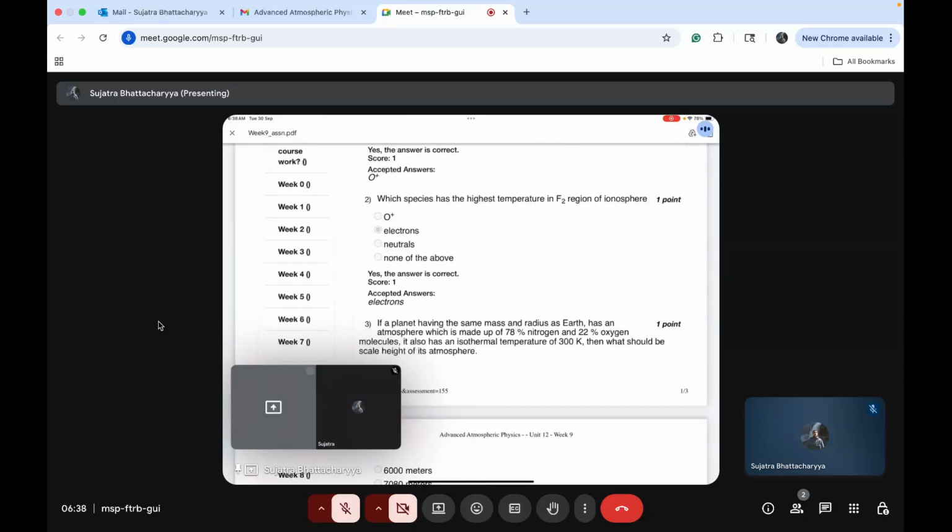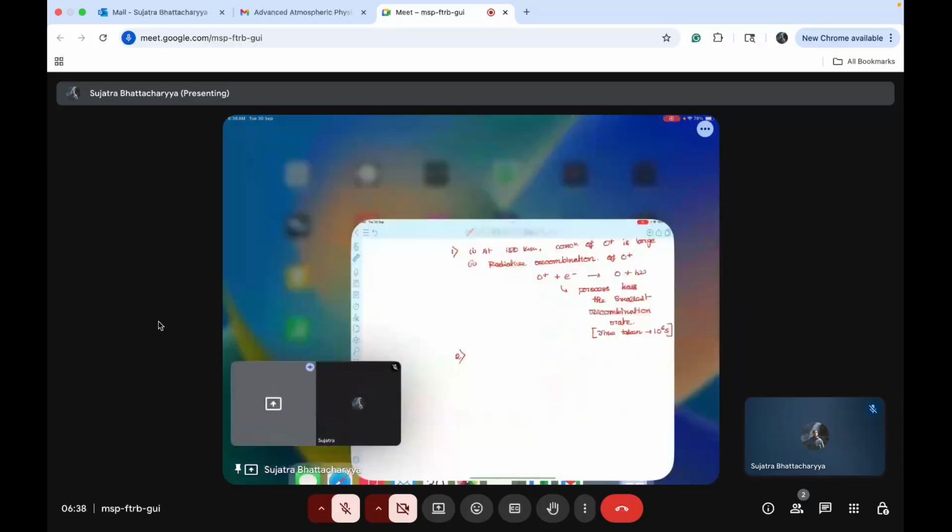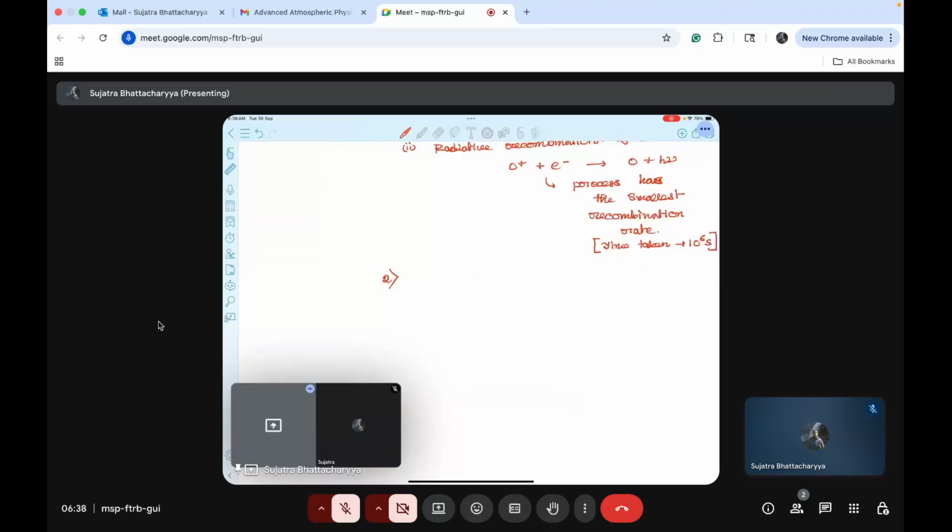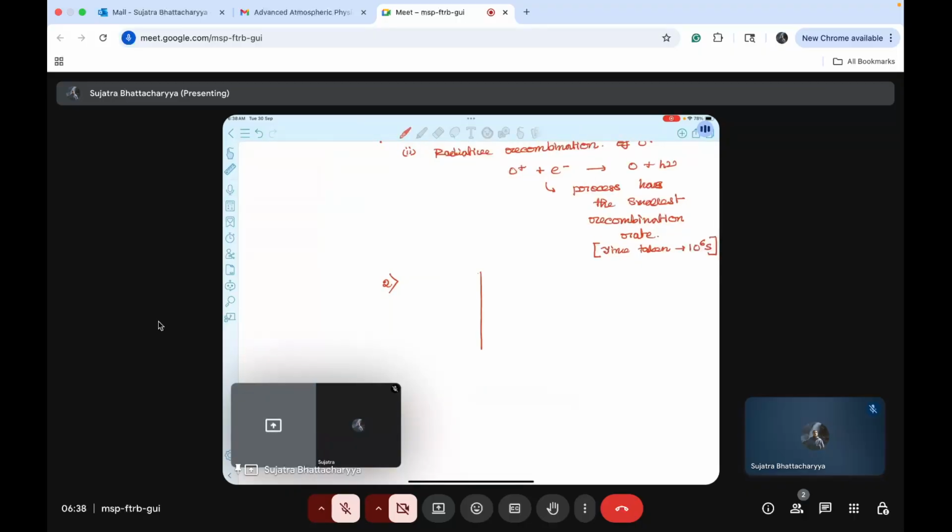The second asks which species has the highest temperature in the F2 region of the atmosphere? If you remember, there is a plot where the temperatures are plotted with altitudes.